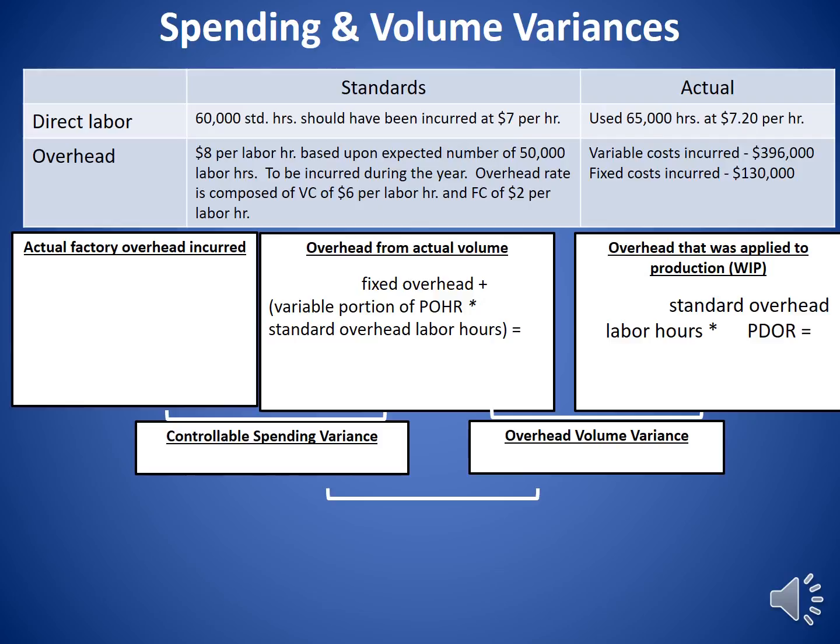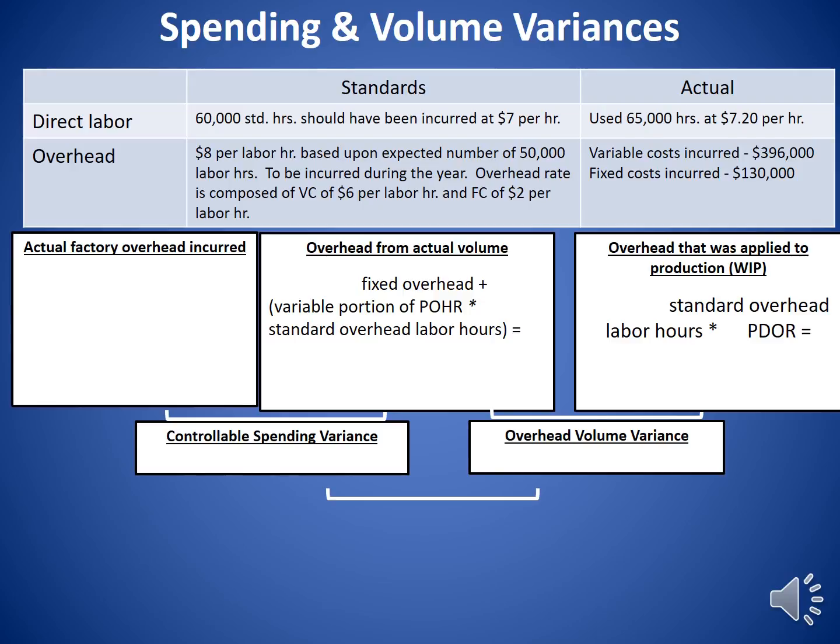Let's talk about spending and volume variances relative to this problem. The first thing we need to do is calculate the actual factory overhead incurred. The way we're going to do that is to look at the actual hours portion of the problem and look for our cost.